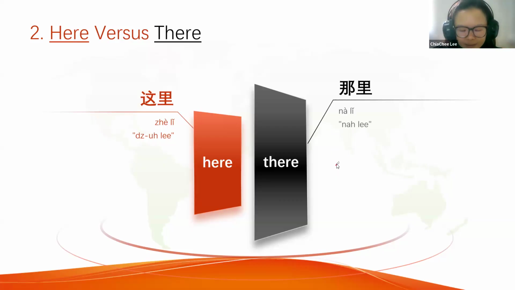Here I am at section 3 and there you are at section 4, for example. There you are at Dungun. 这里, 那里.